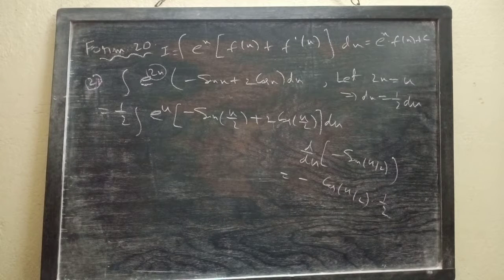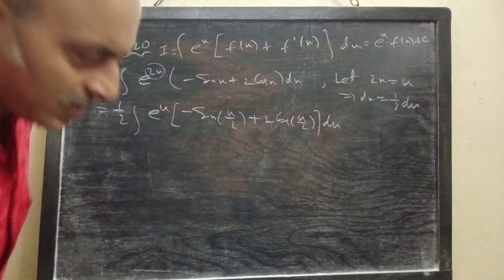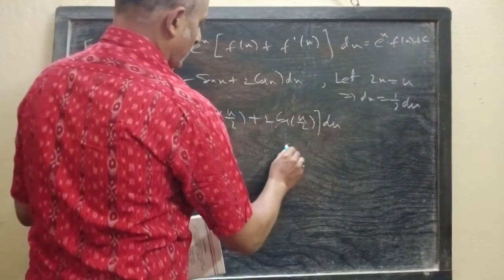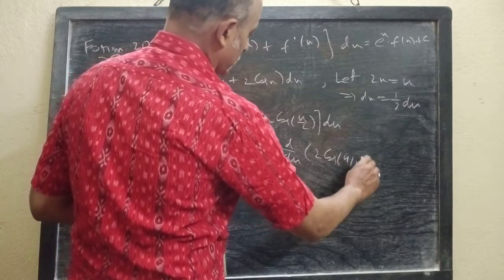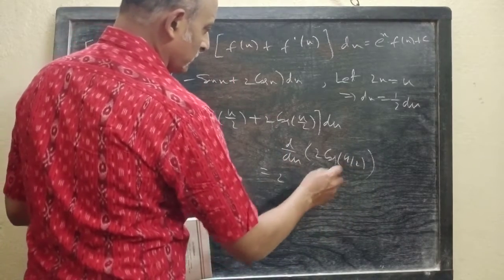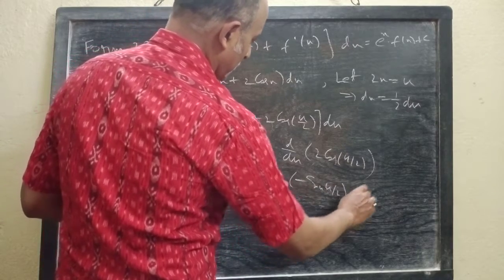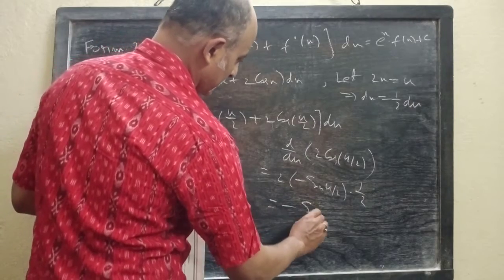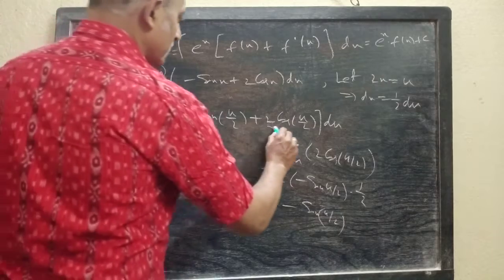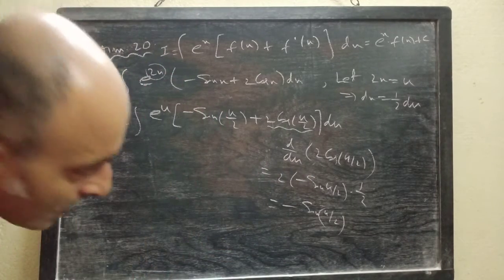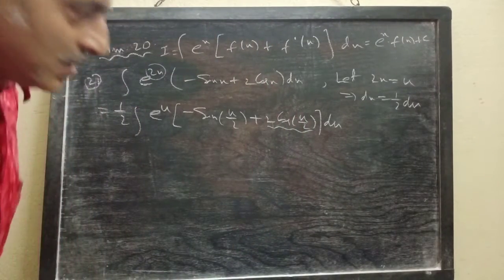No. So our choice will be reversed. d/du of 2 cos of u by 2, then 2, this is minus sin u by 2 and then half, this becomes minus sin of u by 2. Okay, so here this is your f u, this is f dash u. So you have to first check which one can be taken as f u.